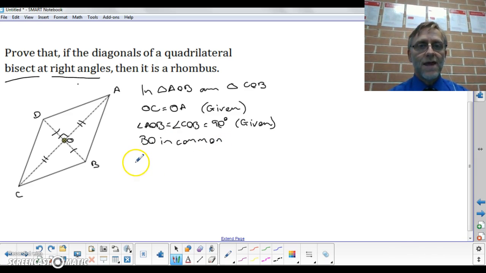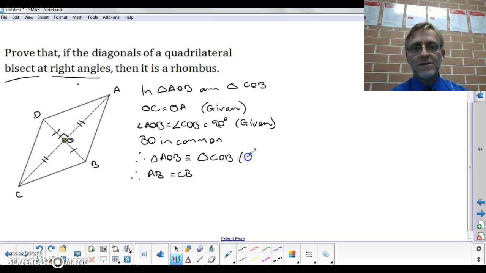So what we can then say is that therefore triangle AOB is congruent with triangle COB. And that means that AB is equal to CB. I need to give reasons here. That was an SAS proof.